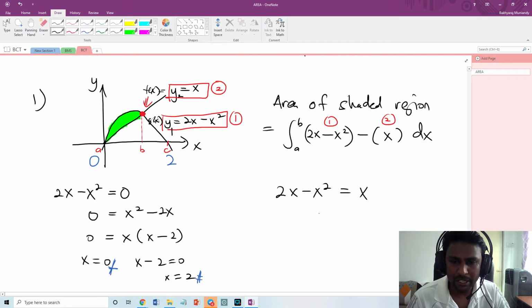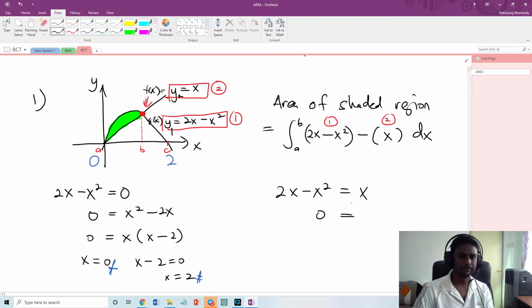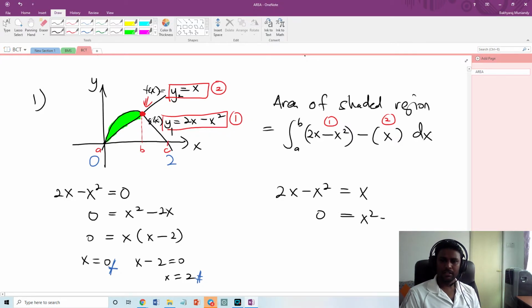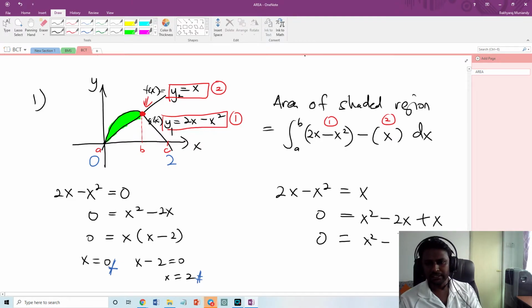So I make it 0 here. 0 equal, okay, very good. Okay, x square minus 2x plus x. Betul. Okay, so my answer will be 0 equal x square, negative 2 plus 1 become minus x lah. Sorry, minus x.